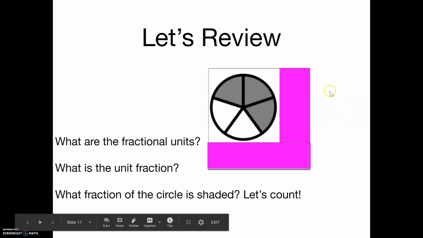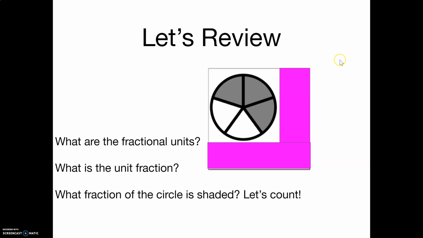So let's review some important words and terms we used today. First of all, this is a model that is a whole circle, and we have partitioned it into equal parts. What are the fractional units of this model? How many pieces do we have? We have 1, 2, 3, 4, 5.